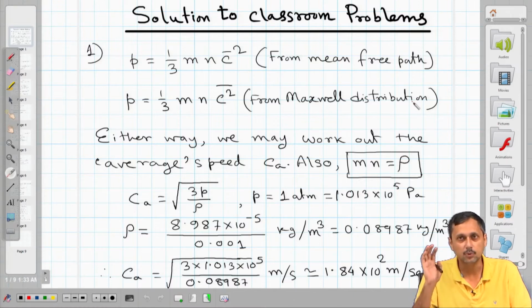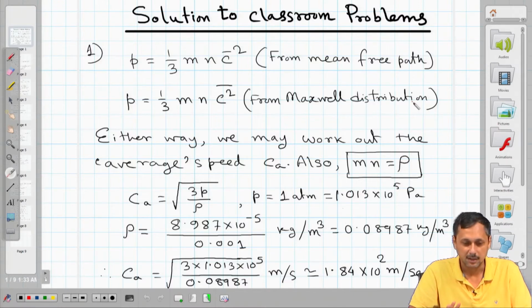In order to avoid confusion about which one is the proper expression, I have used the term average speed, because mean speed is also an average speed, RMS speed is also an average speed. Only the averaging algorithms are slightly different. So, that is why I just kept the word average here.